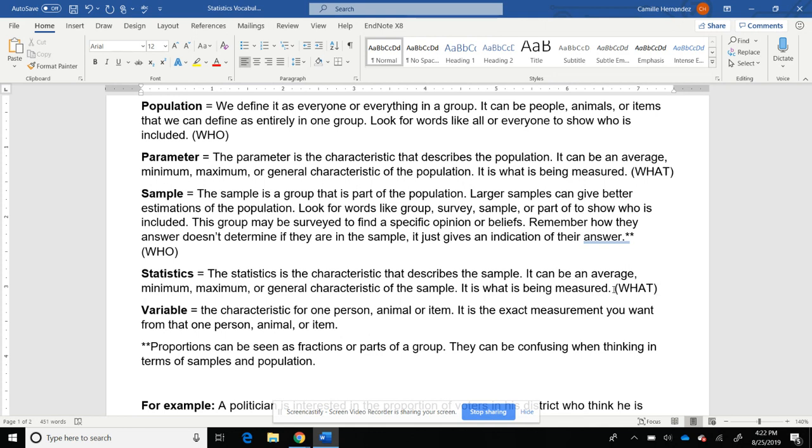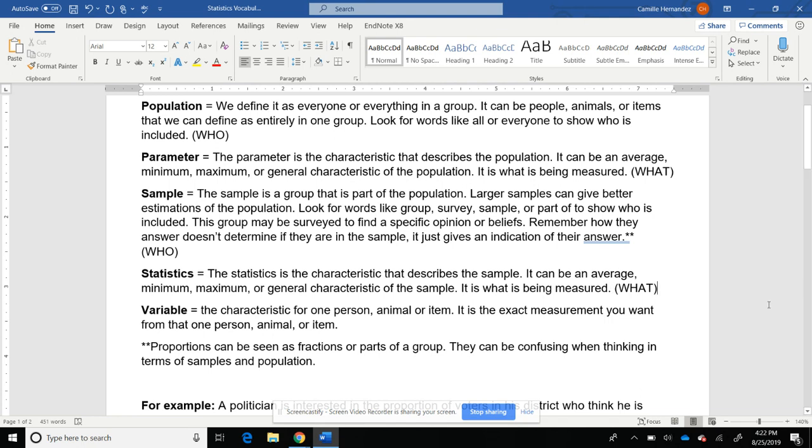The variable is the characteristic for one person, animal, or item. It's the exact measurement you want from that one person, animal, or item. So again, while parameter and statistic is what, the variable is also what. It's that characteristic I'm looking at, on a very simplistic level.